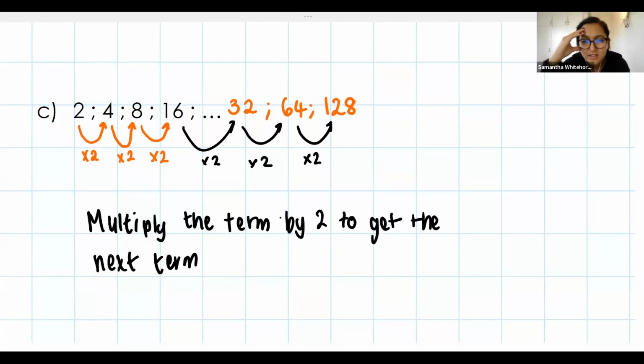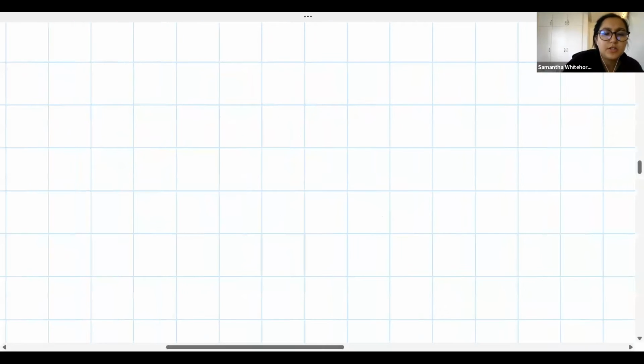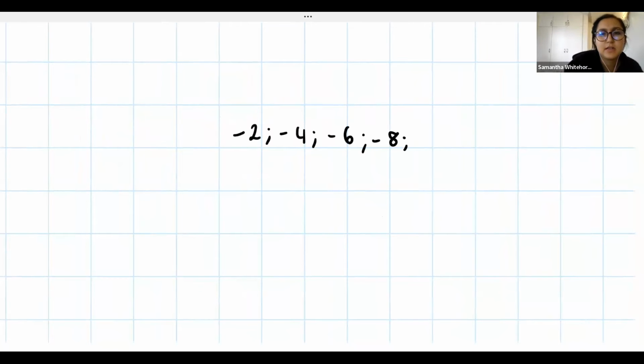If the number pattern subtracts, do you also multiply by 2? Okay, so if it was something like -2, -4, -6, -8, like that.